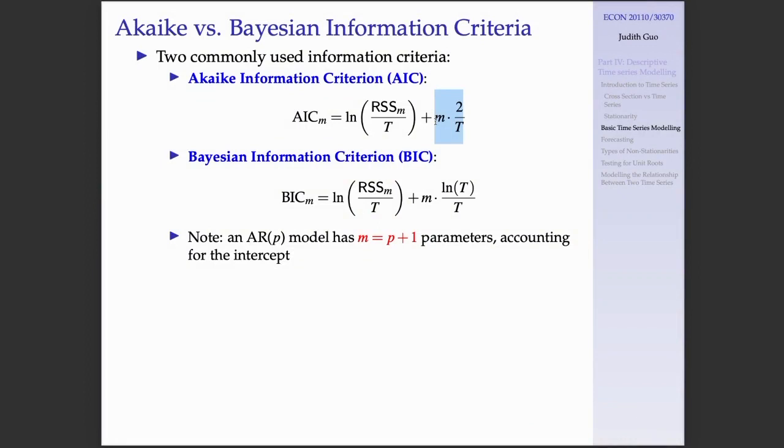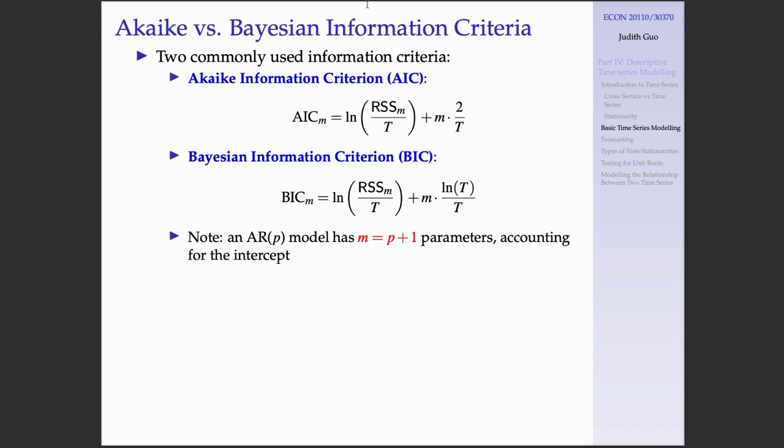And another commonly used IC is the Bayesian information criterion. So the penalty term also depends linearly on M, the number of parameters, and also the effective sample size appears in the denominator of a fraction.